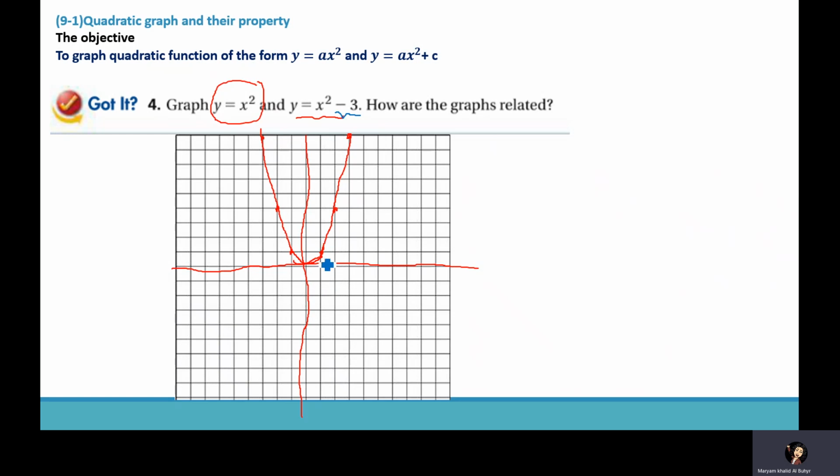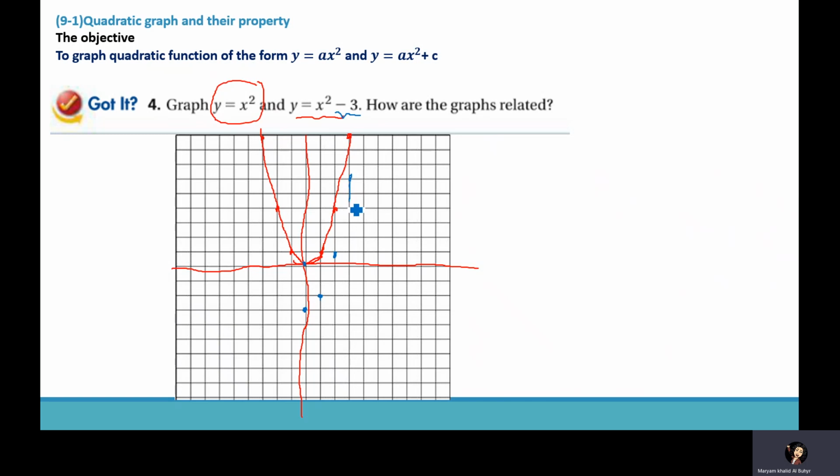So take this point, just move them 1, 2, 3. Here, this is the vertex, move it 3 units down. 1, 2, 3. Take this point, move it 1, 2, 3, down. And the last one, move it also down.